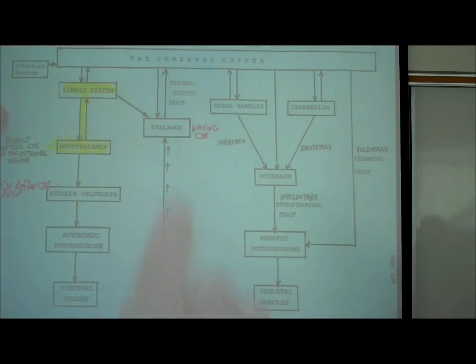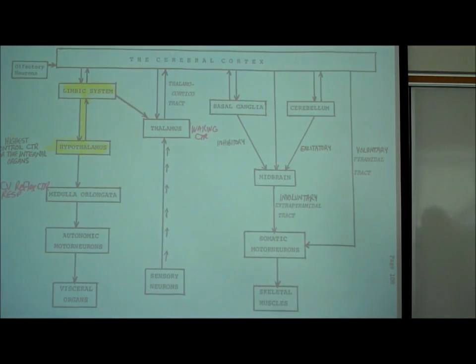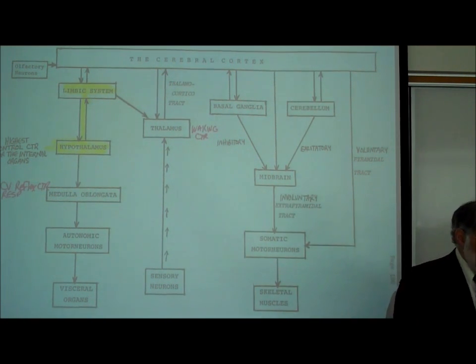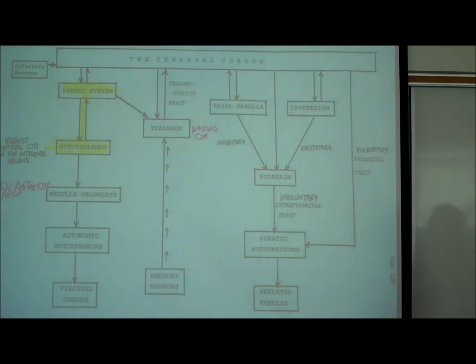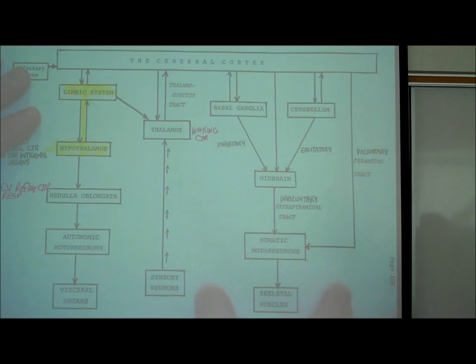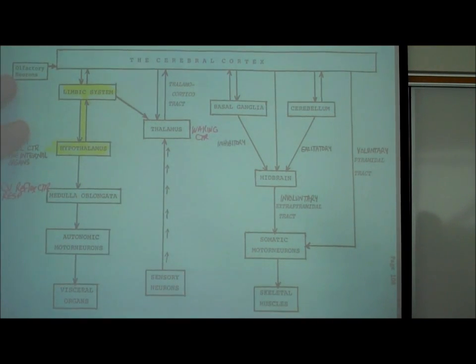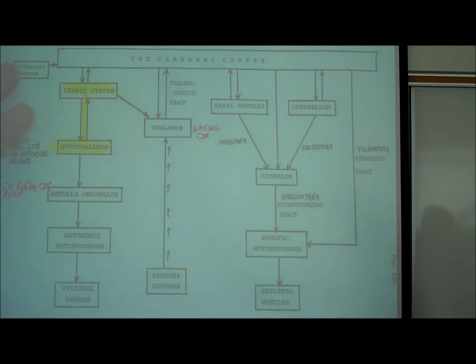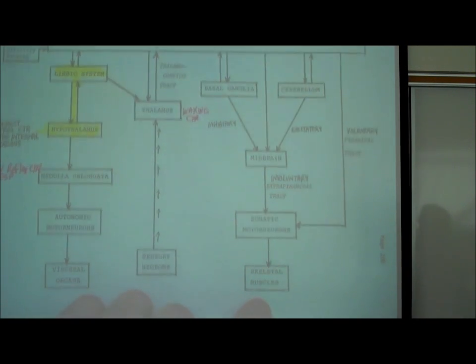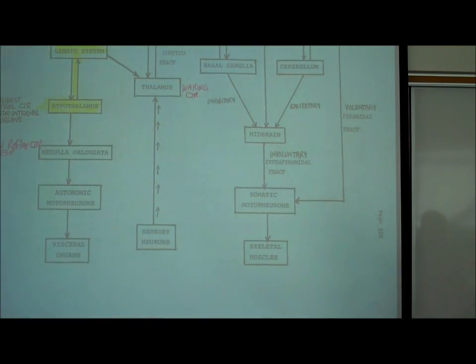Returning back to page 108, on page 108 we had our simplified flow chart of which areas of the brain are associated with which activities. And I wanted to just summarize these areas of the brain that affect skeletal muscular activity. So first off, we know that what's controlling our skeletal muscles are somatic motor neurons.